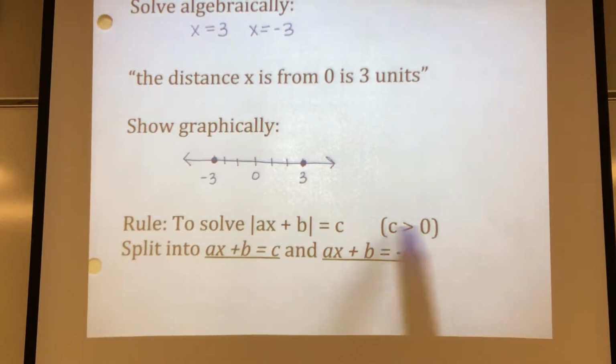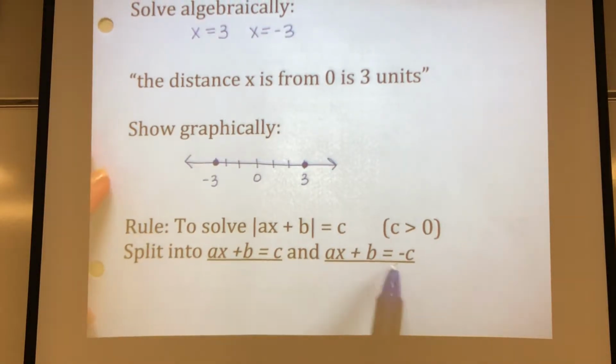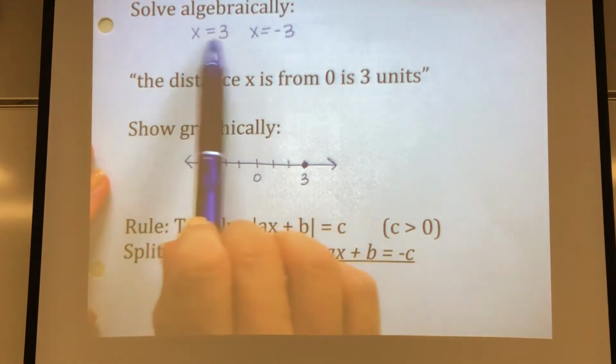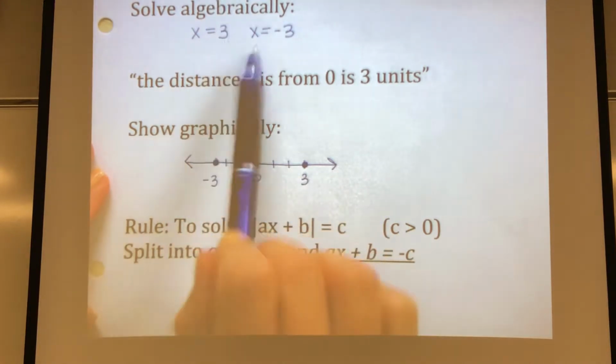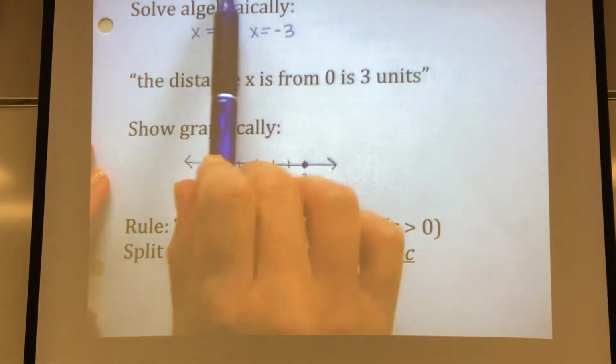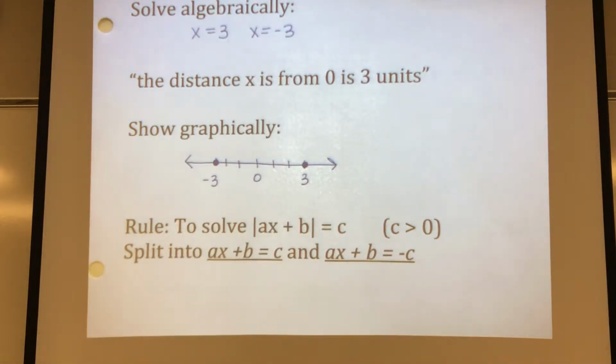So anytime that your c value is greater than 0, so a positive number, we're going to split it into two equations. We're going to take the argument and set it equal to c, and then take the argument and set it equal to the opposite of c. Very similarly to what we did up here, x is equal to c, which is 3, x is equal to the opposite.